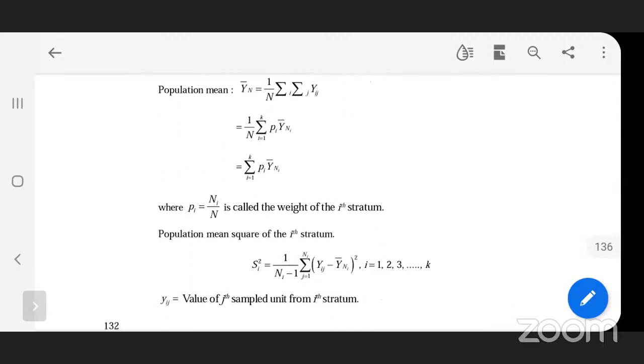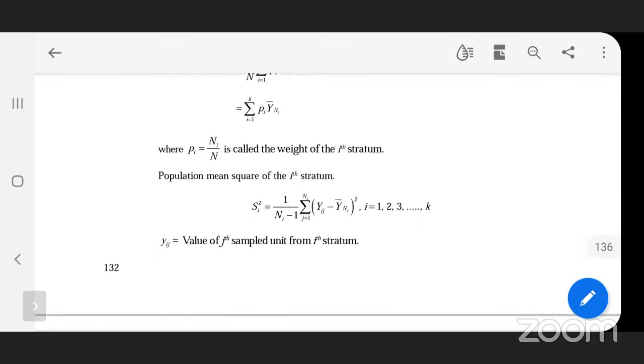Next, the population mean square of the ith stratum is Si square equal to 1 by Ni minus 1 times the summation of Yij minus Y bar i, whole square. That is the variance formula, called the population mean square.